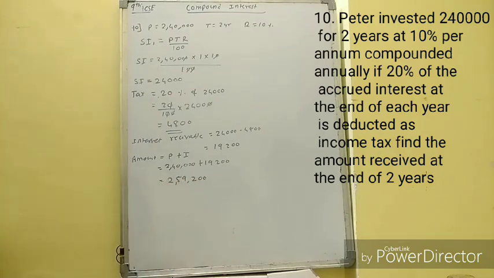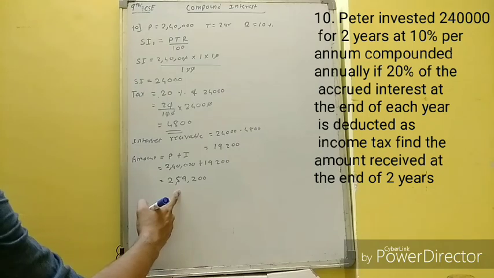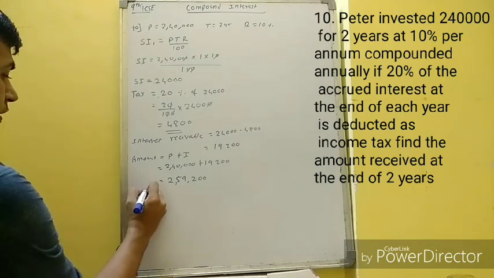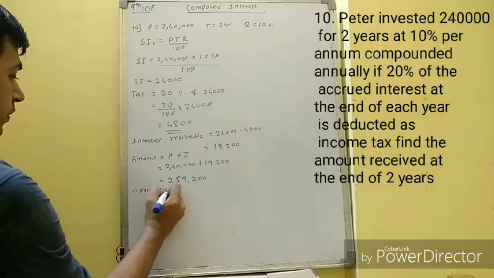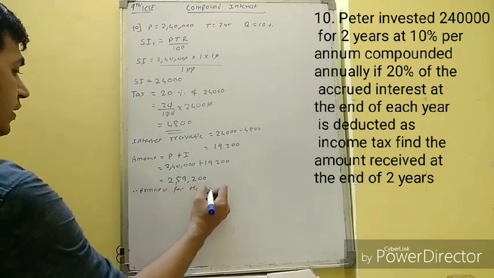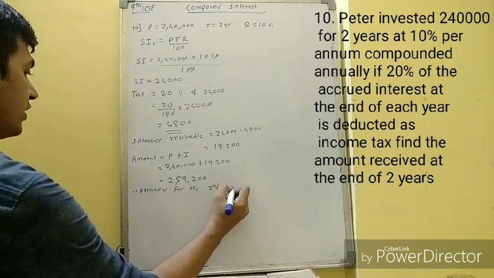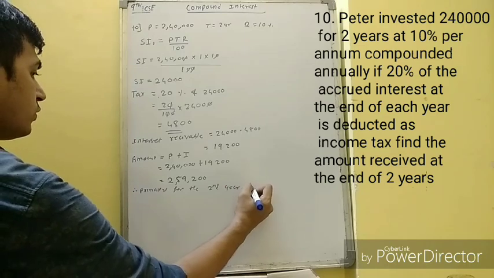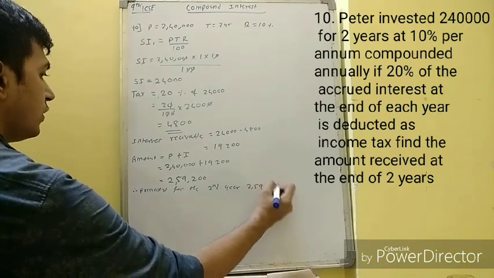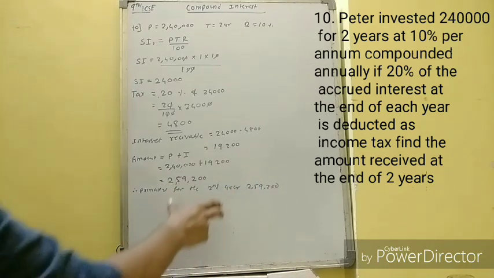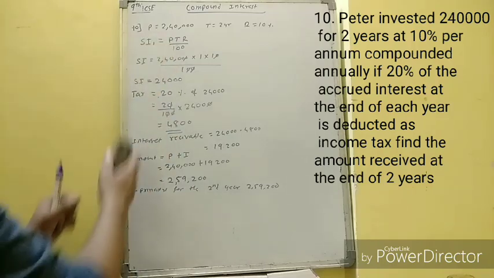Okay, this is the amount at the end of first year. Therefore, the principal for the second year will be 2,59,200. Okay, I wrote this because I am going to erase this.